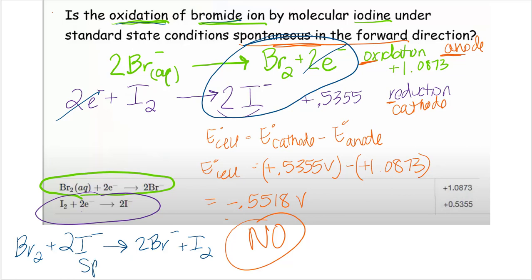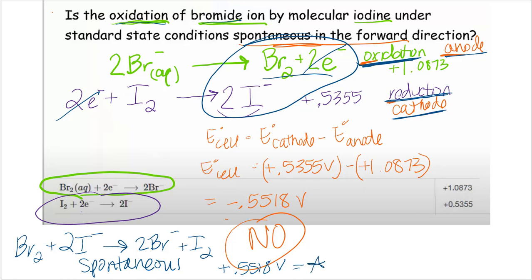This would be spontaneous. And instead of bromine being oxidized, bromine would be reduced, and it would be the cathode at that point. And instead of iodine being reduced, it would be oxidized, and then it would be at the anode. And by doing that, since I'm flipping the cathode and the anode, I would have a voltage of positive 0.5518 volts, and that would give me a spontaneous forward reaction.